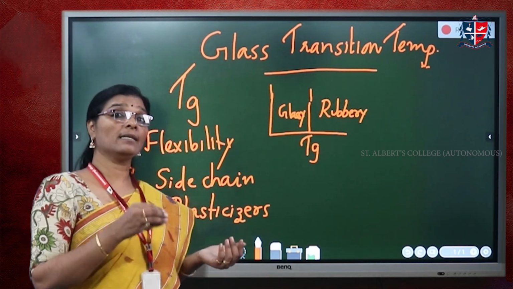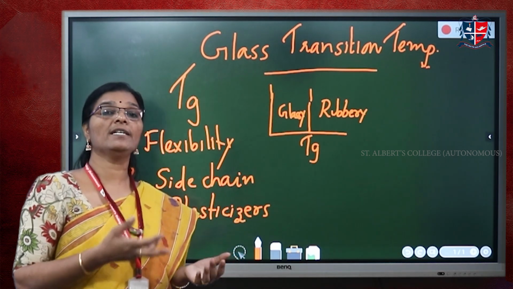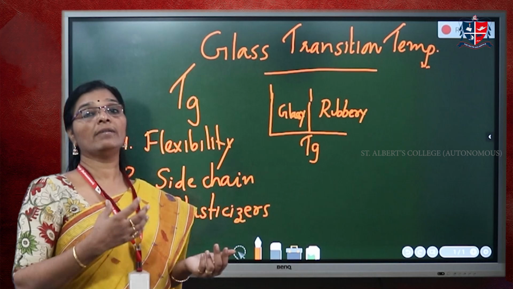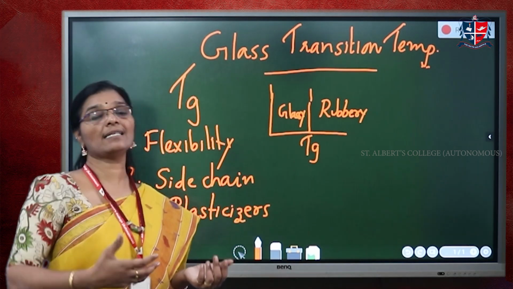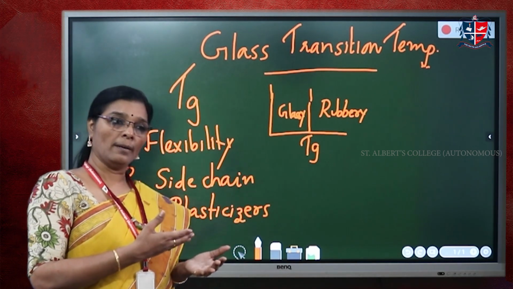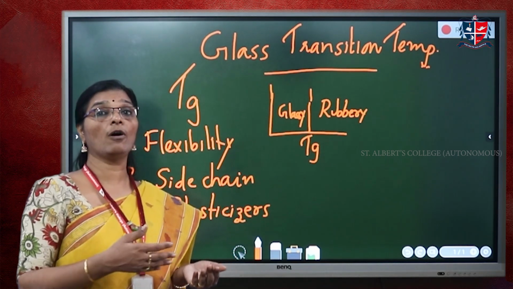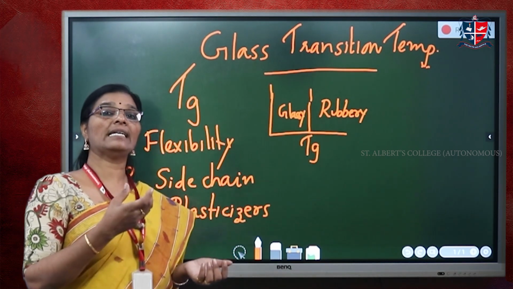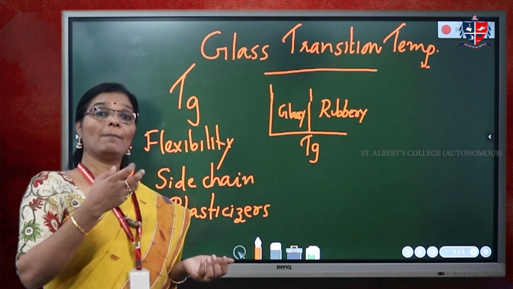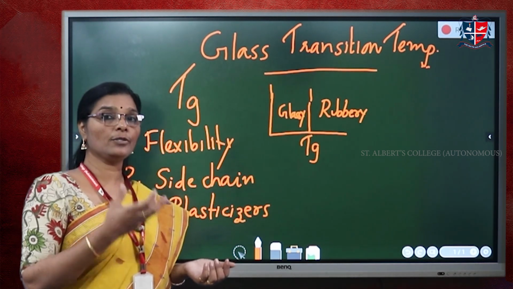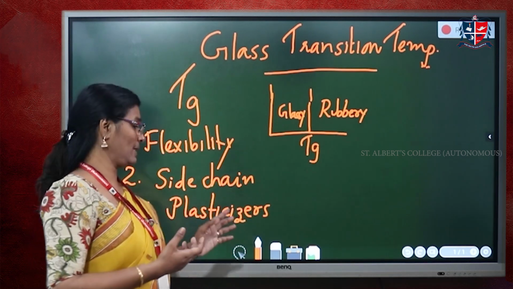So, when we add plasticizers, the flexibility of a polymer increases and that lowers the value of Tg. When we consider the Tg of plasticized PVC and unplasticized PVC, the value for plasticized PVC is lower due to the increase in flexibility.